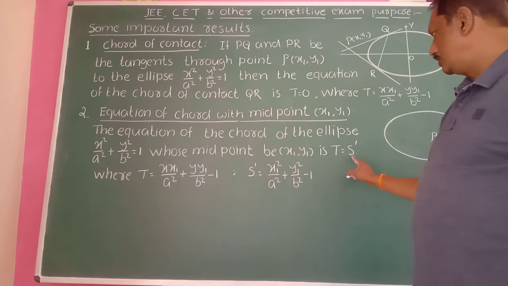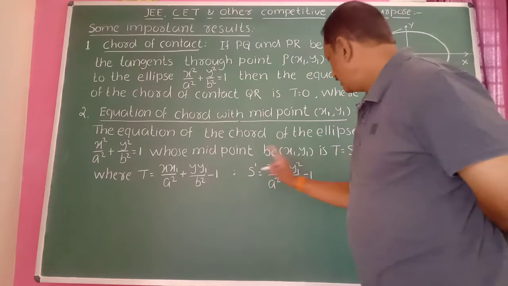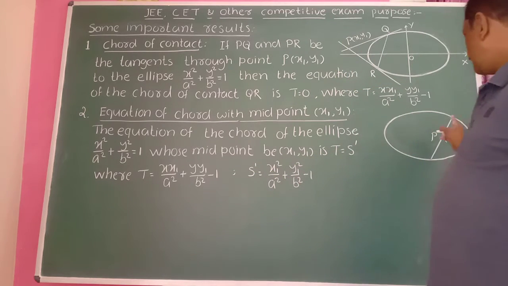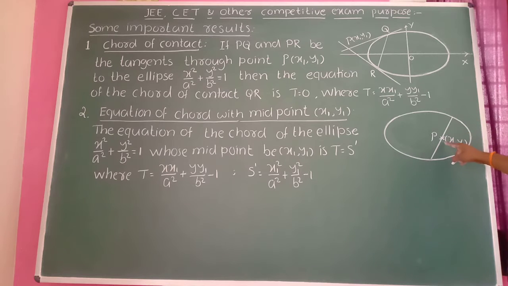So T = S', where T is this one and S' is this one. It gives the equation of the chord whose midpoint is (x1, y1), bisected at the point (x1, y1).